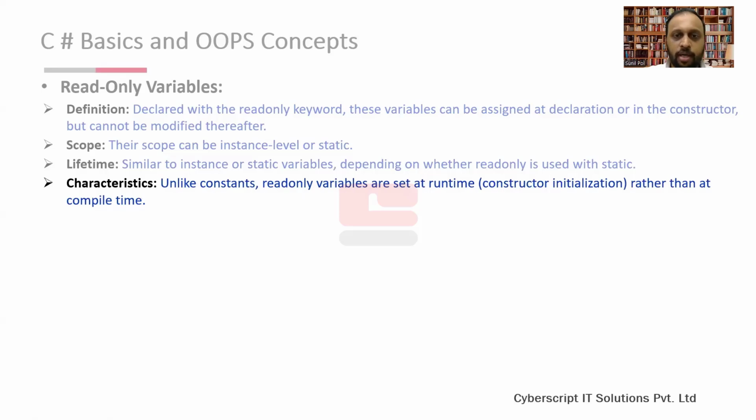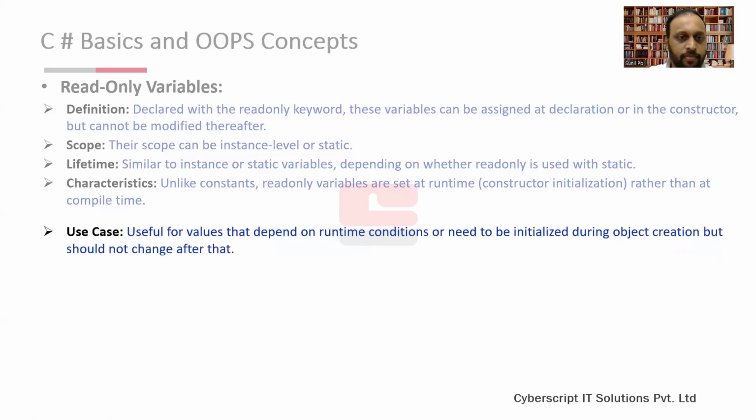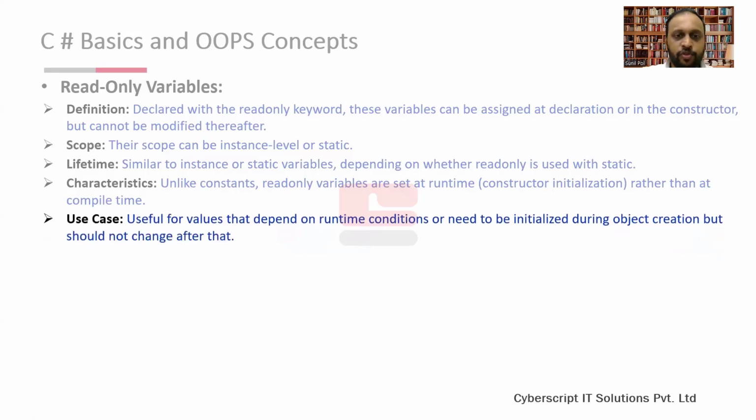Unlike constants, read-only variables are set at runtime rather than at compile time. Constant variables must be initialized at compile time only, but read-only variables can be assigned at runtime as well. They are useful for values that depend on runtime conditions or need to be initialized during object creation, but should not change after that.